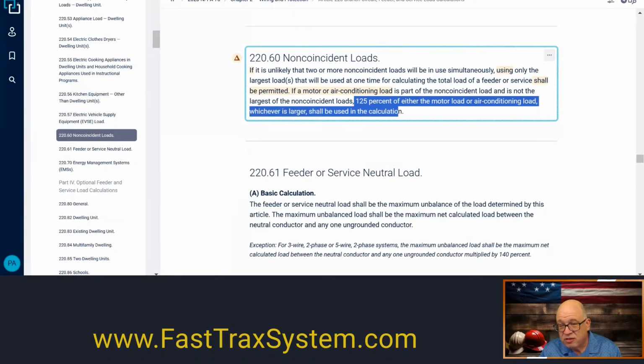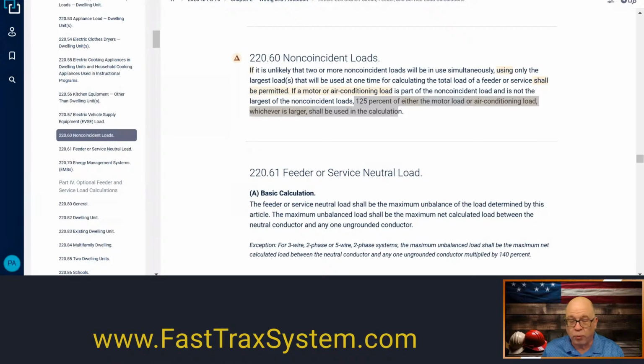Okay, so the easiest way for us to redo this is, that unit was 3,220 VA, right? So I'm going to take that 3,220 and multiply that by 1.25. That gives me 4,025, okay? Now, if you want to do that differently, then you can do what was our total that we had on that one? That it was 14 amps.